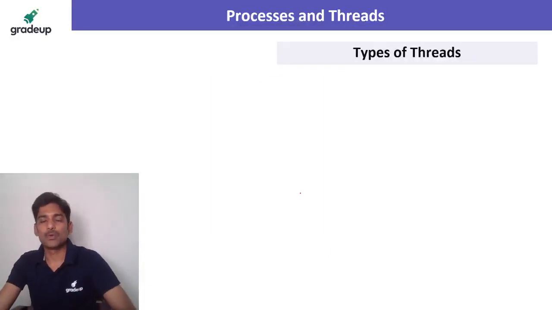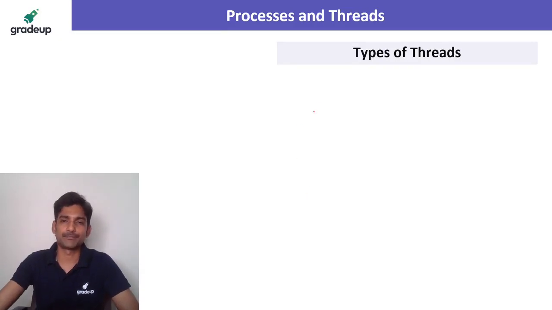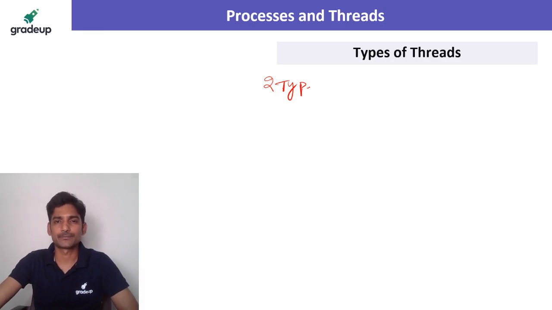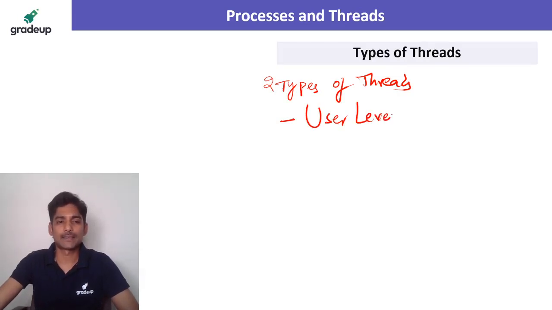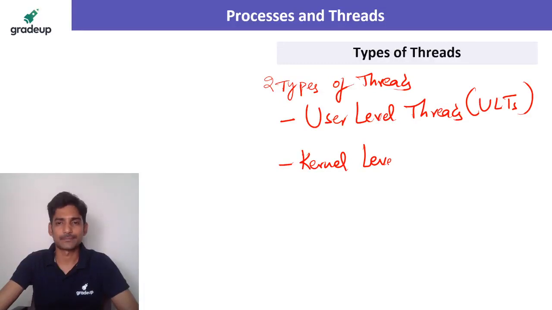So now, what are different types of threads? Basically, we can say there are two types of threads: user level threads, ULTs, and kernel level threads.